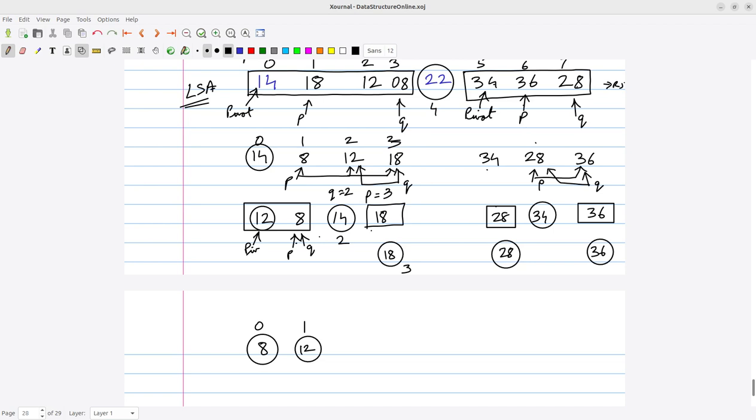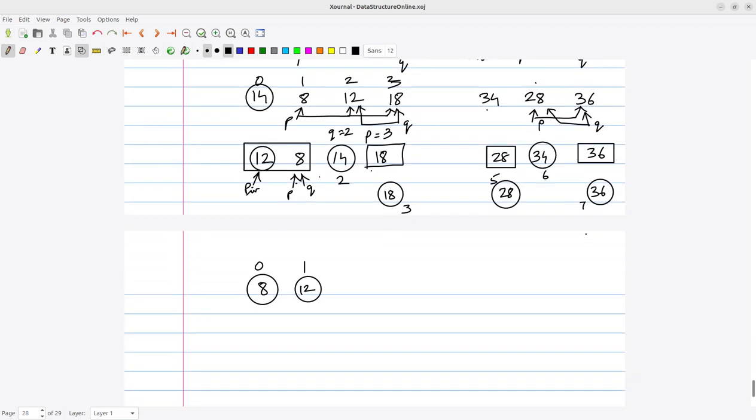If we look into the positions over here, at index 5 we have 28, at index 6 we have 34, and at index 7 we have 37. So total 8 elements. Now we'll reconstruct the array considering the positional values. This is nothing but what we call conquering. So let us draw the array first. Index 0, 1, 2, 3, 4, 5, 6, and last index 7.